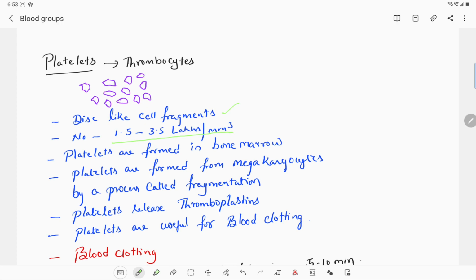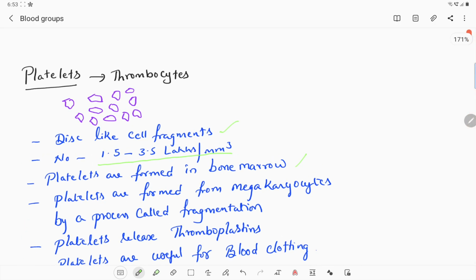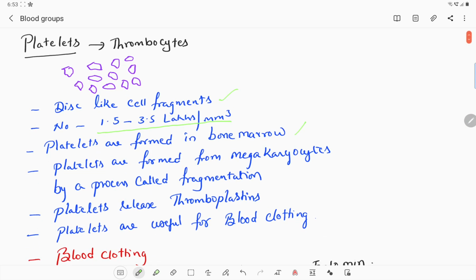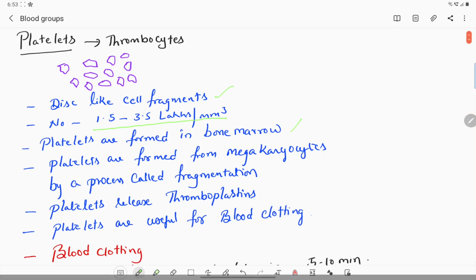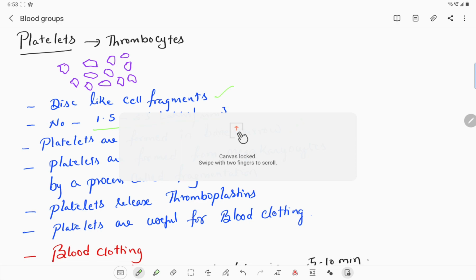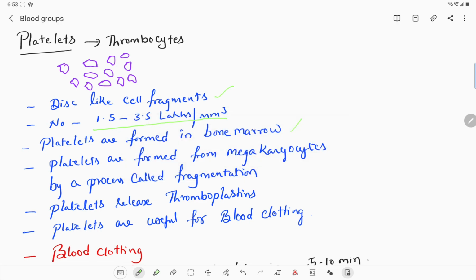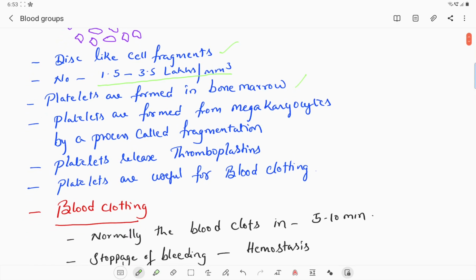From where are these platelets formed? Platelets are formed from bone marrow. Okay. So platelets are formed from bone marrow, from megakaryocytes, by a process called fragmentation.